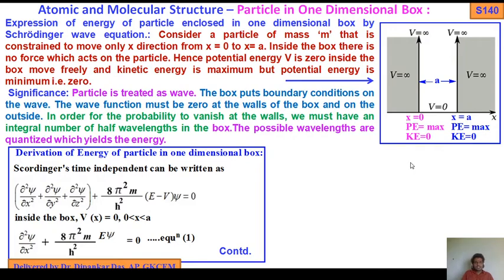Now, the Schrödinger time independent equation, which we have already derived and discussed in the previous video lecture.